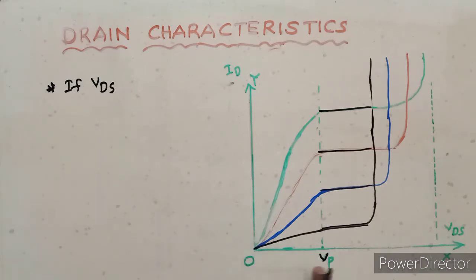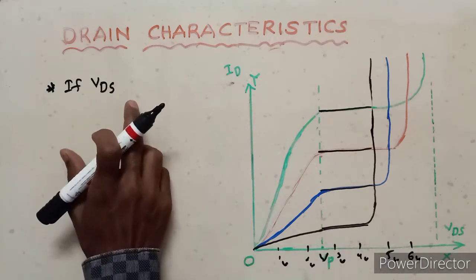These values are VDS: 0 to 1, 2, 3 and 4 and so on, 1 volt, 2 volts, 3 volts, 4 volts, 5 volts, 6 volts, and for the other case minus 1 volt, minus 2 volts, minus 3 volts, and so on, these types.